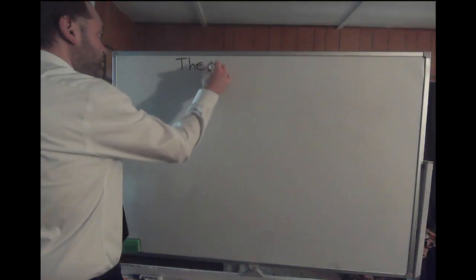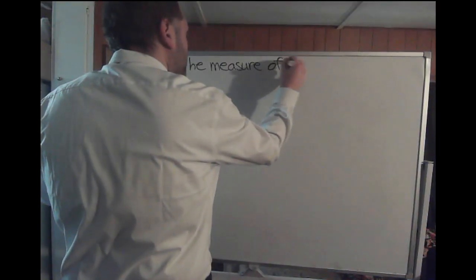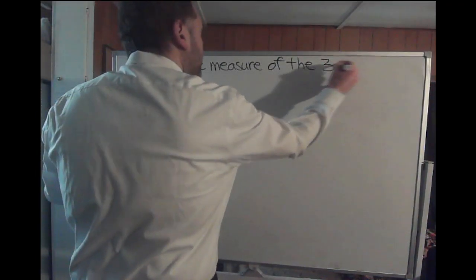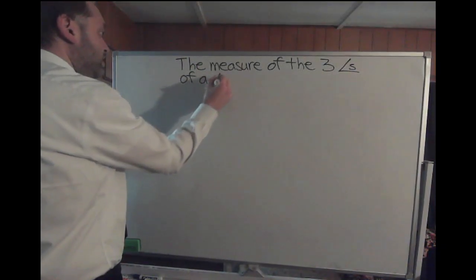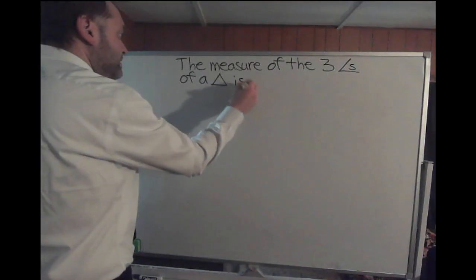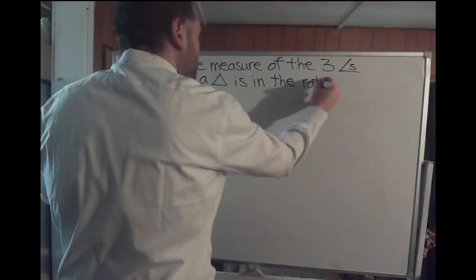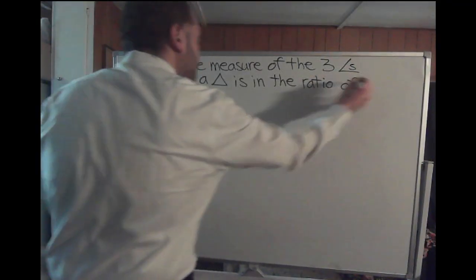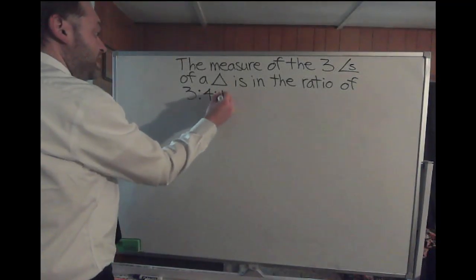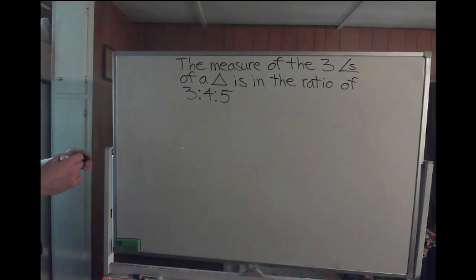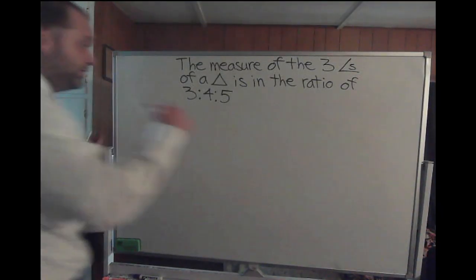All right. The measure of the three angles of a triangle is in the ratio of 3 to 4 to 5.